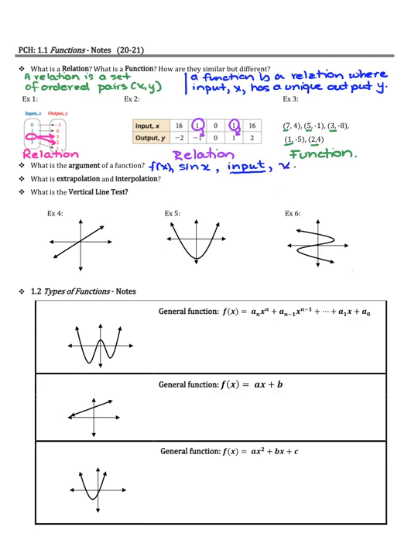Then we have this concept of extrapolation and interpolation. I can never say that word right. You can read it. If you're given a set of data, extrapolation is when you are making a prediction that goes beyond, outside the given data, outside the given domain.